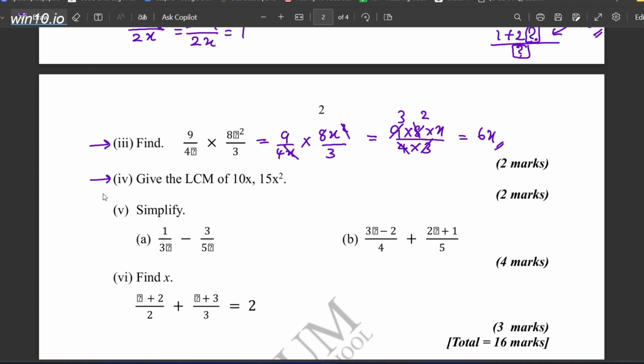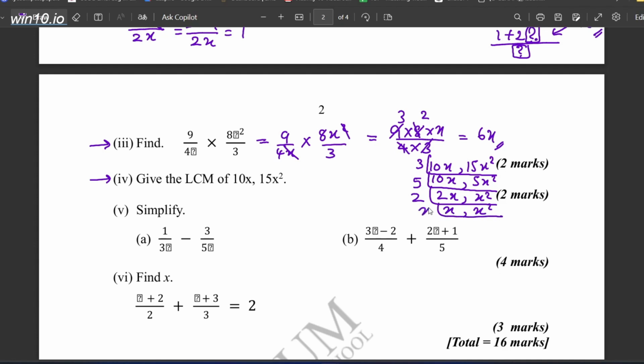Now in the fourth one, they are asking us what is the LCM of 10x and 15x squared. 10x, 15x squared. First we can divide by 3. Then we get 10x, 5x squared. Now we divide by 5: 2x, x squared. Now we divide by 2: x squared.